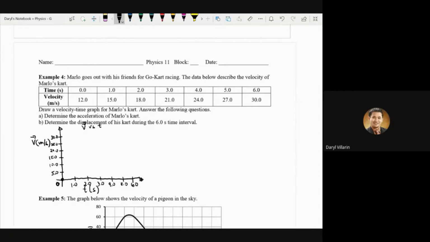Now I'm going to plot each point. You have here 0, 12 meters per second, so that would be in between 10 and 15. Don't worry if you cannot locate the exact value of 12 on your scale.